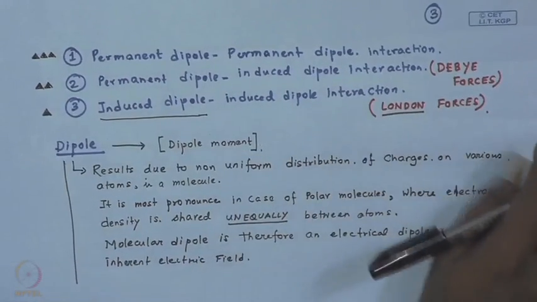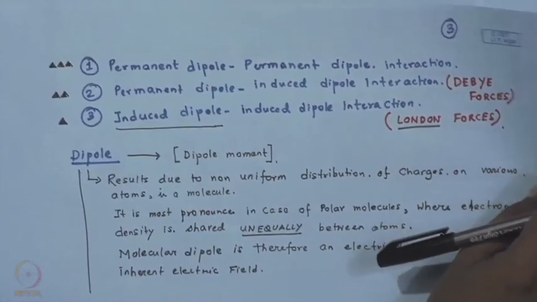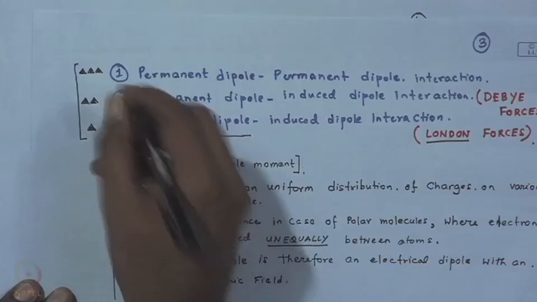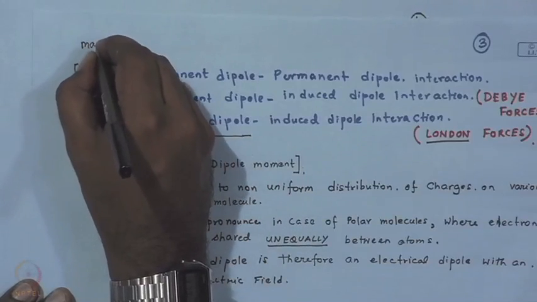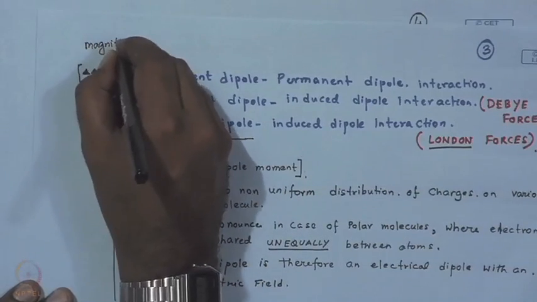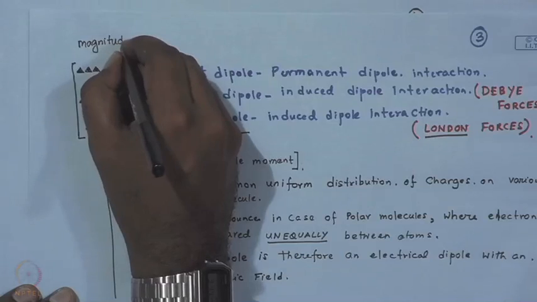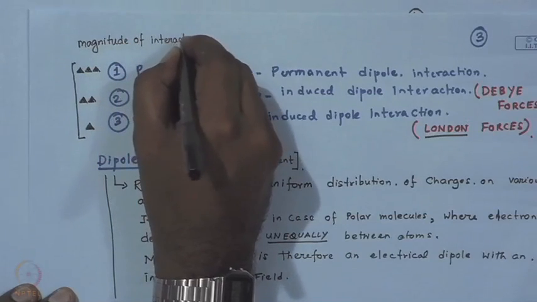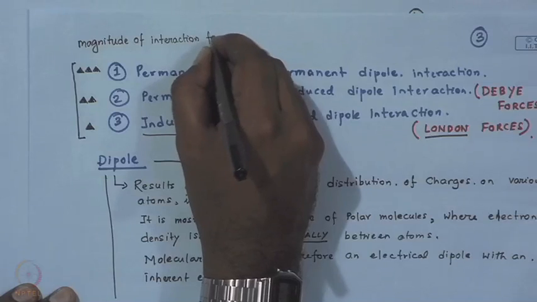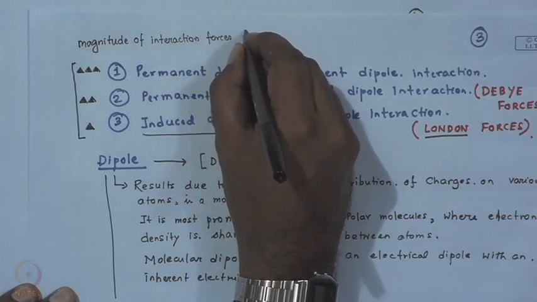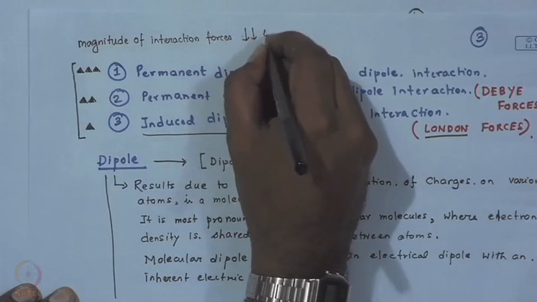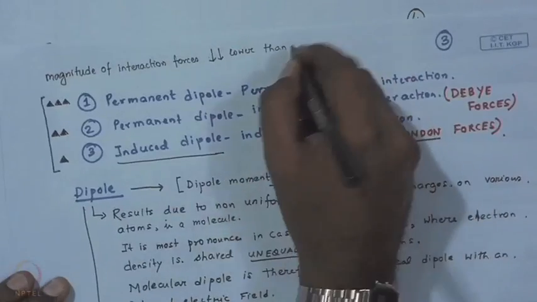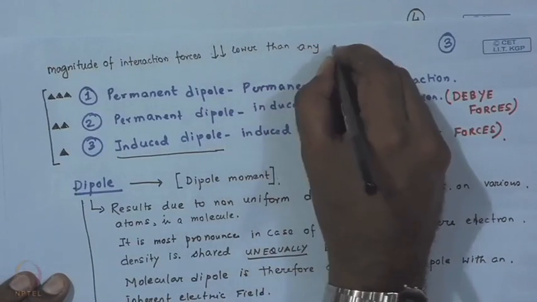Important thing to understand is that even for the permanent dipole type interaction, the magnitude of the interaction forces are far lower than any chemical bond.